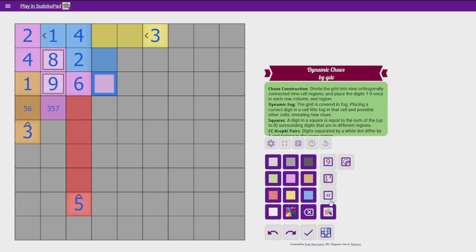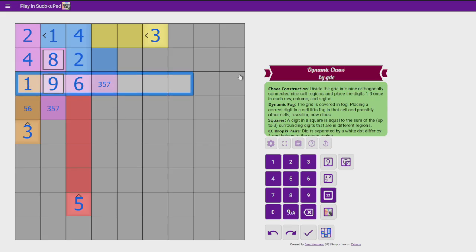That's 7 cells. This is also a 3, 5, or 7. So, that's not a 1 yet. We do still need to get a 1 into purple somehow. And we've already used up 7 cells.